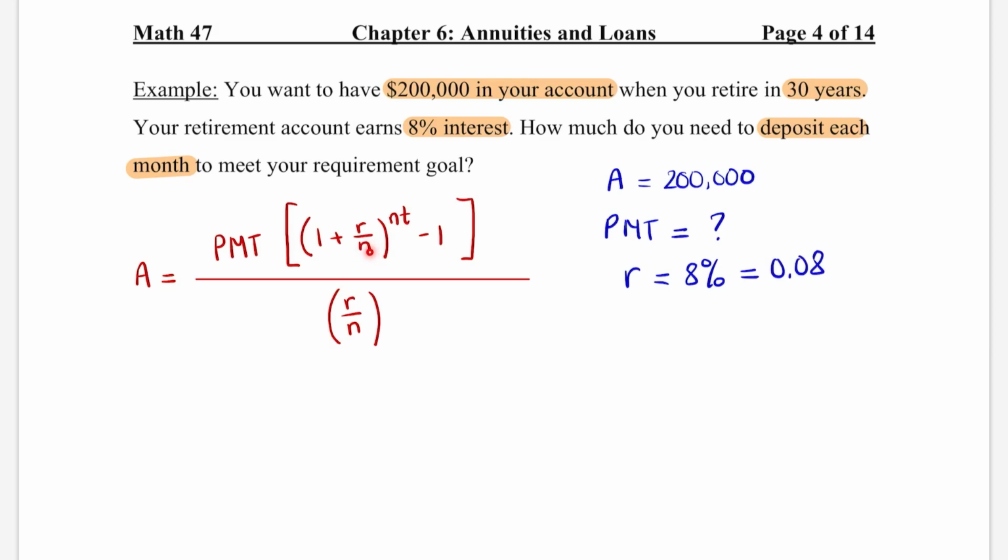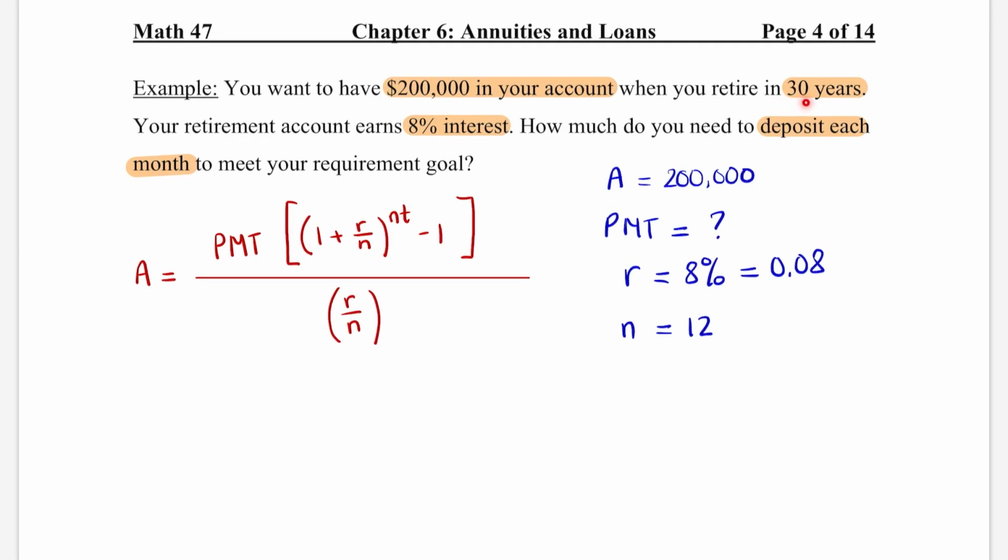N is the number of compounding periods in 1 year. In this case, they're asking for my monthly deposit, so my interest will also be compounding monthly. So N is 12. T is the number of years that I plan to have my money in the account. In this case, that is 30 years. So T is 30.